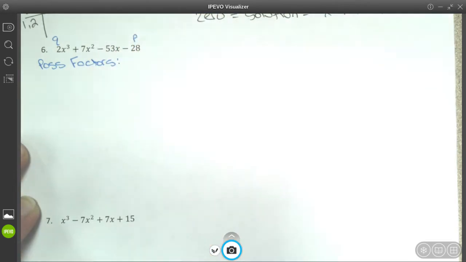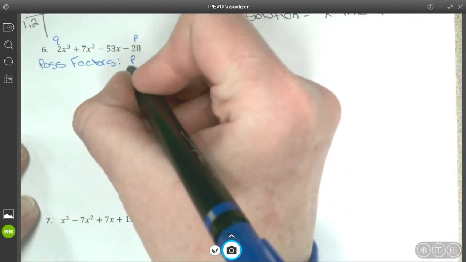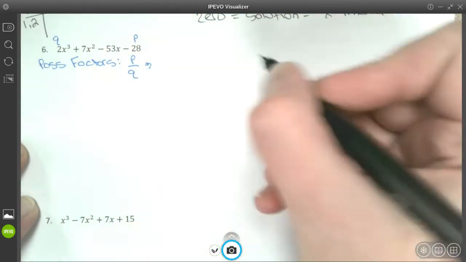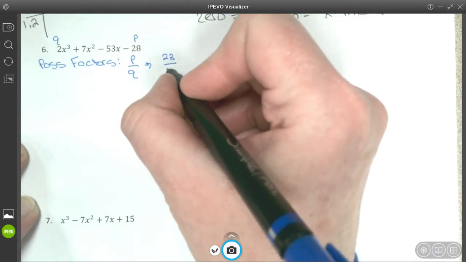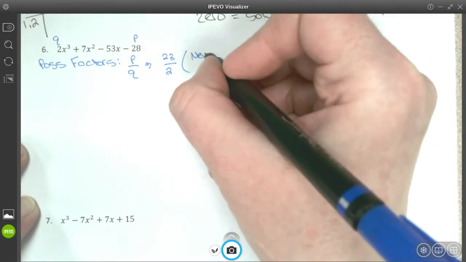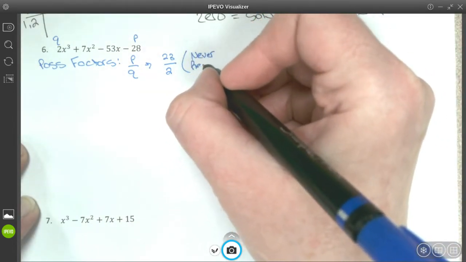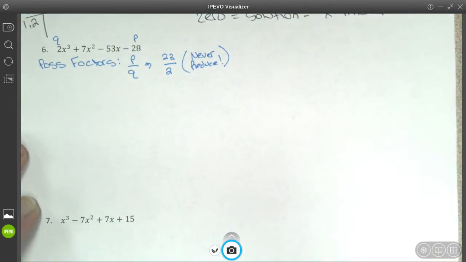So to list all of your possible factors of this polynomial, we're going to write a ratio of p over q. So p is 28 and q is 2. Never, never, never reduce. It messes the whole darn thing up.